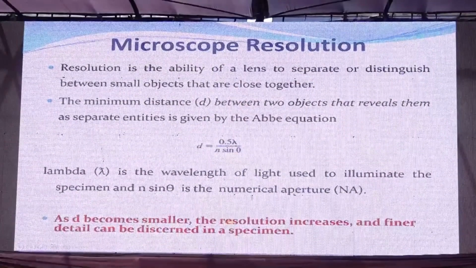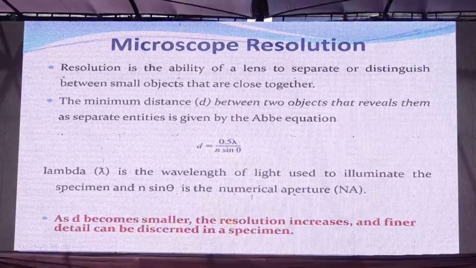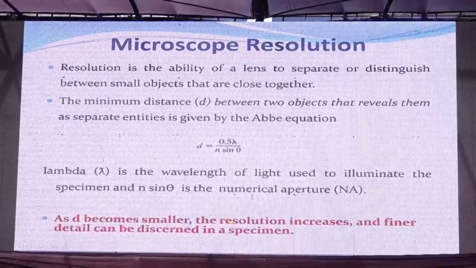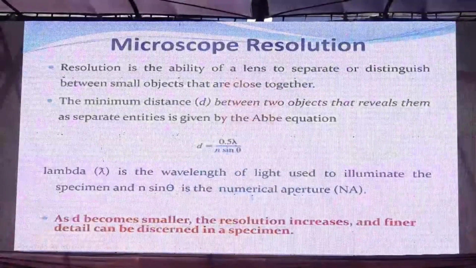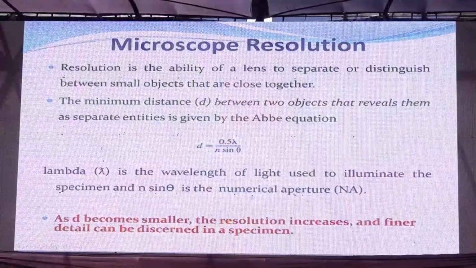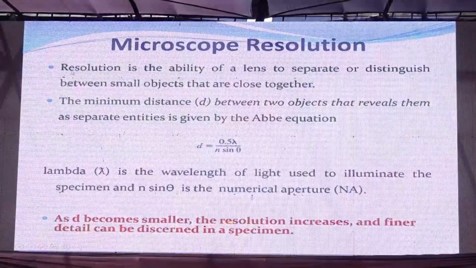Now, what is the capacity of the microscope to magnify the image? Magnification is not the only thing that is required when we work with the microscope; it is the resolution. These days we all are using mobile smartphones, and we usually ask the vendor, what is the resolution of my camera?